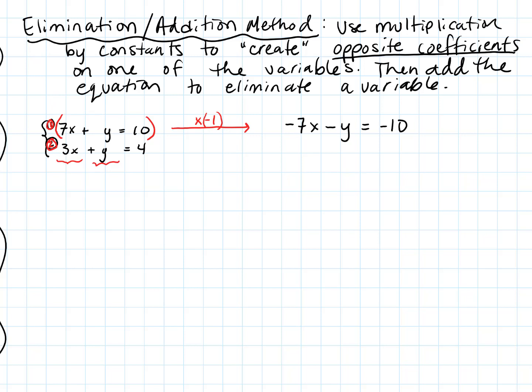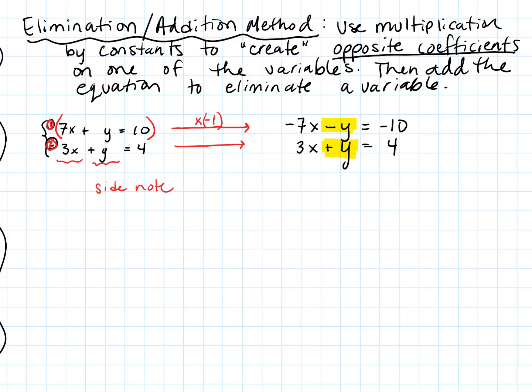So I'm taking equation 1 and I'm multiplying by -1. And then I'm not actually going to do anything to equation 2 because it already has a +1 on the y. So I'm just going to carry 3x positive y equals 4. Okay, so notice what I've done here is I've created opposite coefficients, a -1 and a +1. Just a quick side note, I'm not going to do it this way, but we could have done it on the x's as well.